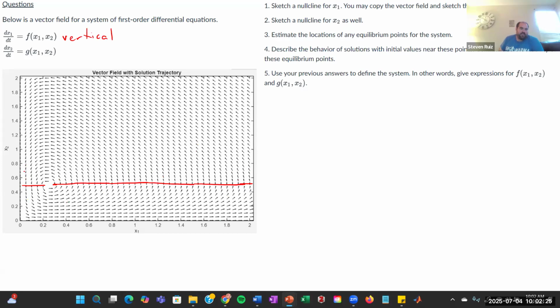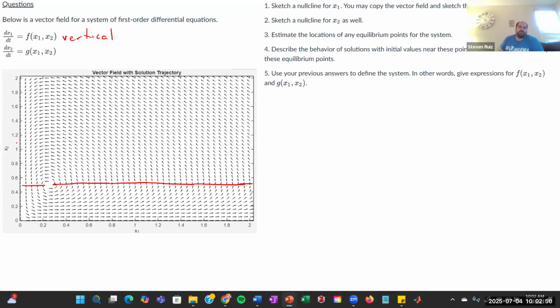But as we approach this area, I have a lot of steep dx2/dt slopes. As far as my null line in that direction, I think that's the only one I see.